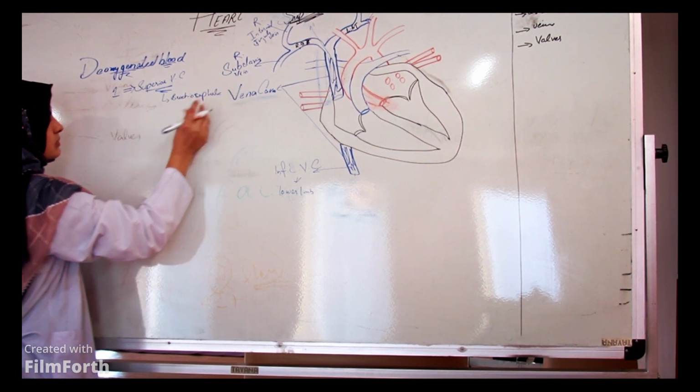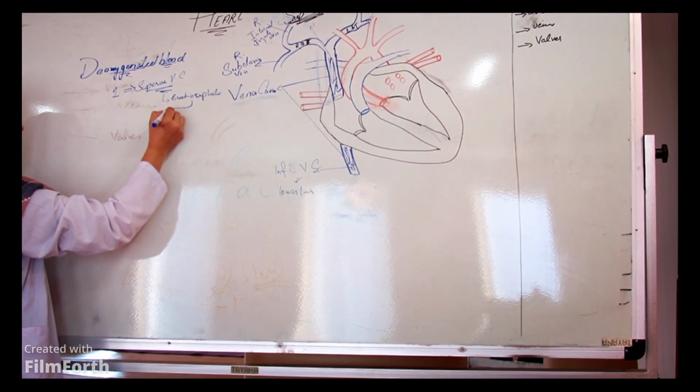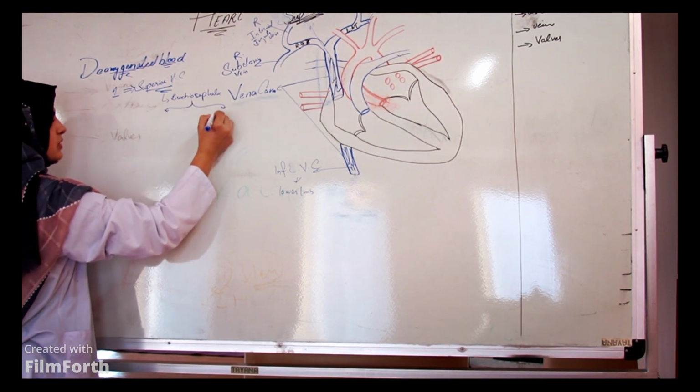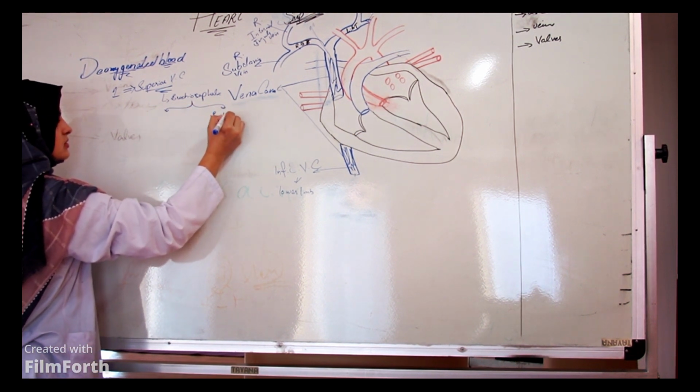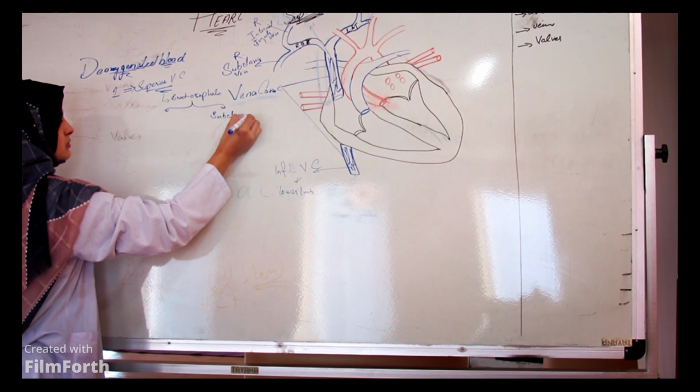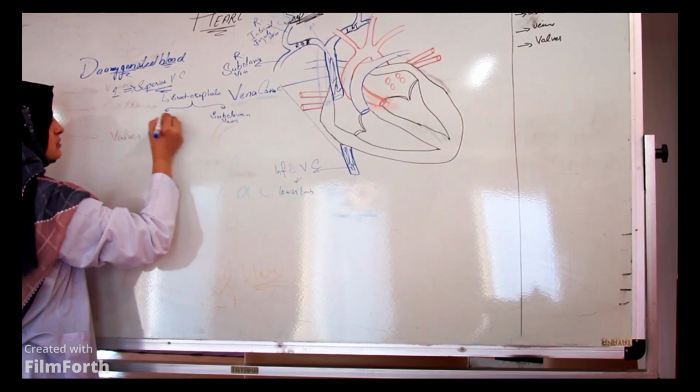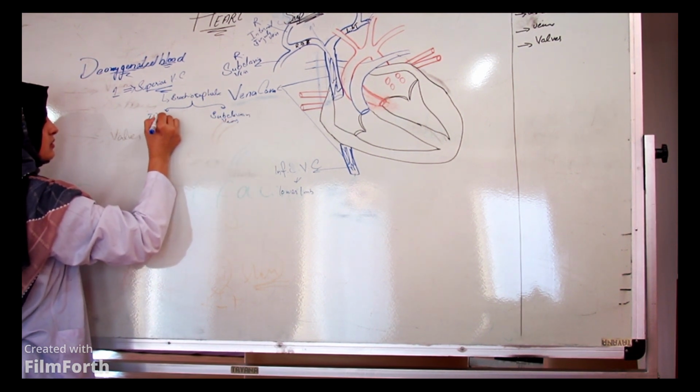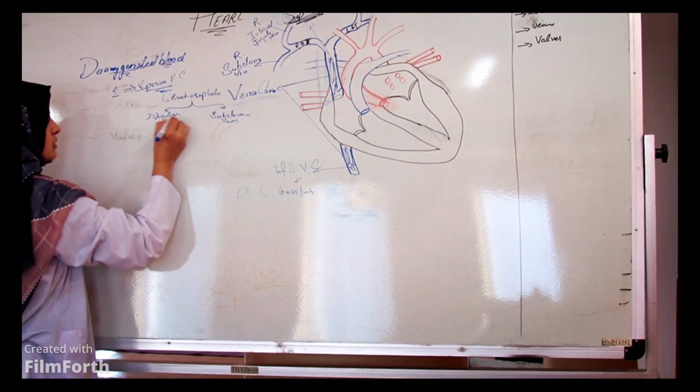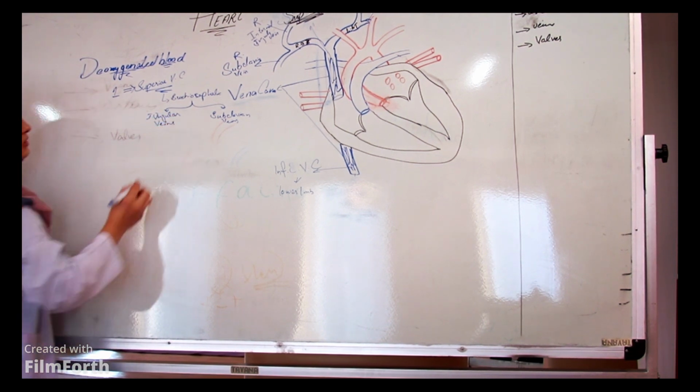This brachiocephalic has two further branches, subclavian veins and internal jugular vein. Remember that.